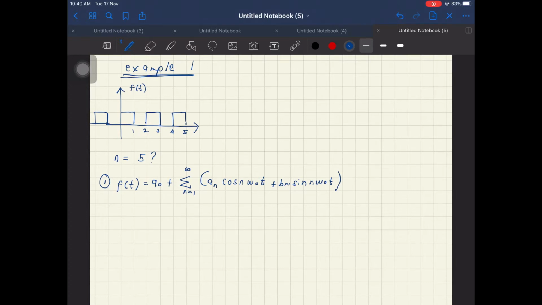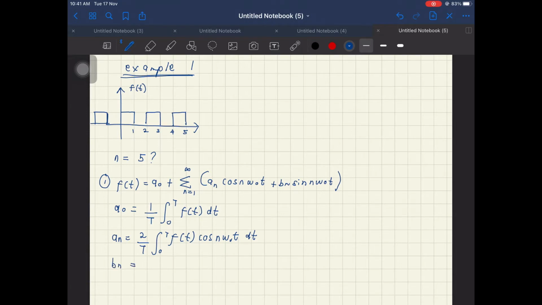Now after that we will write a naught, where the formula of the a naught coefficient is 1 over T integration from 0 to T f(t) dt. Now for an, the coefficient is 2 over T integration from 0 to T f(t) cos n omega naught t dt.